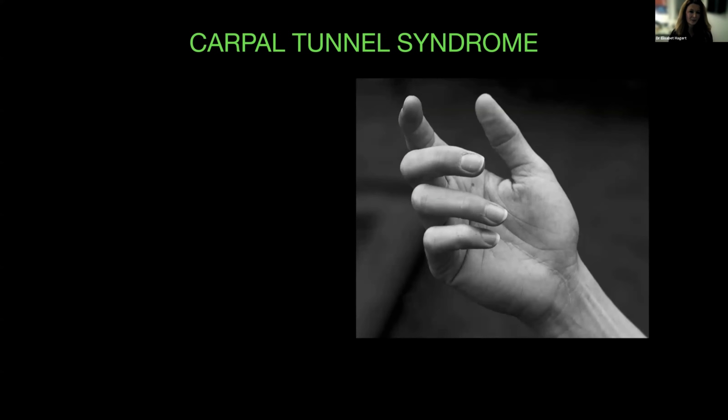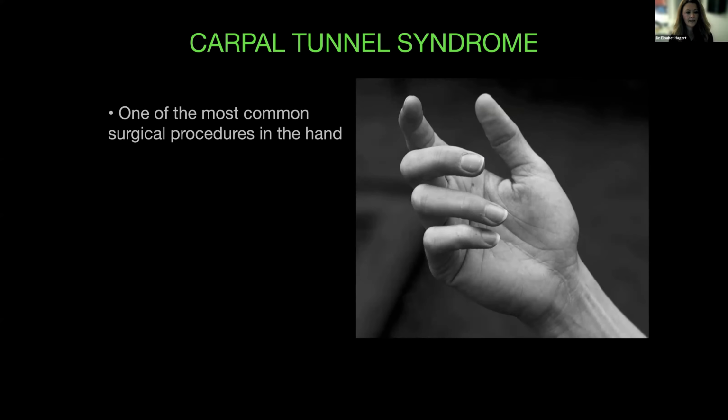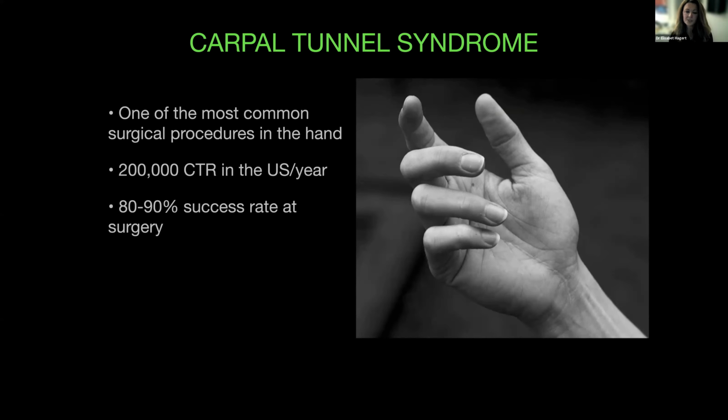But if you're going to talk about Lacerta syndrome, you need to mention carpal tunnel syndrome as well. And as you all know, carpal tunnel syndrome is the most common nerve compression in most hand surgical practices, obviously not mine, as you saw. More than 200,000 carpal tunnel releases are performed in the United States every year.